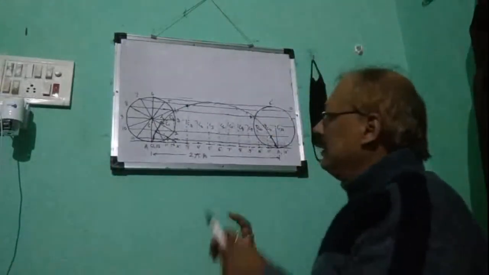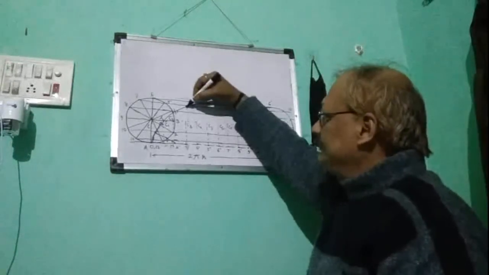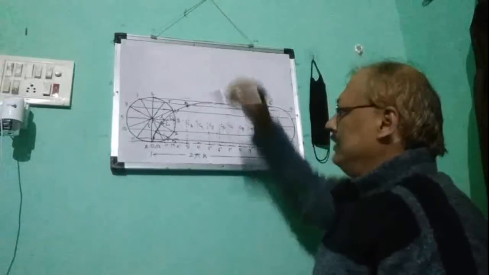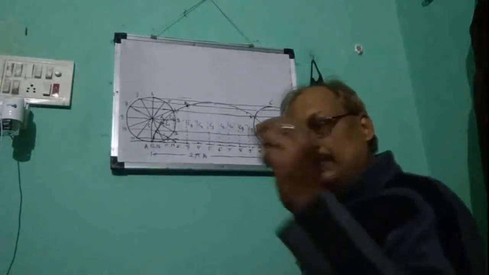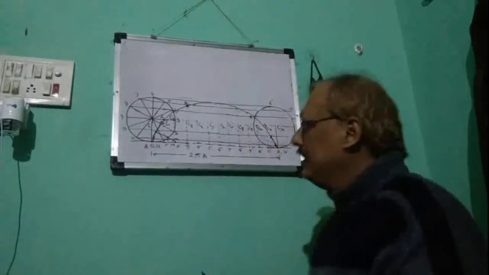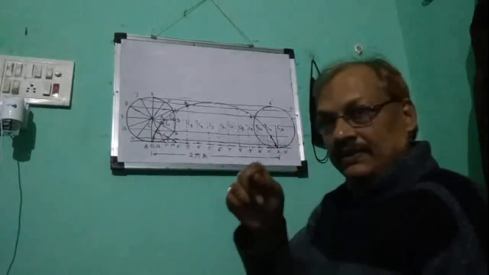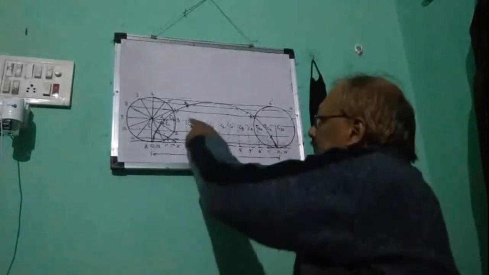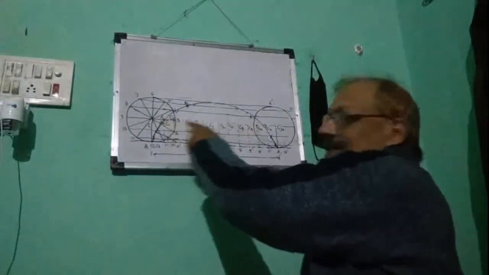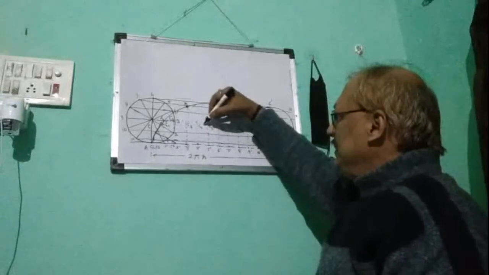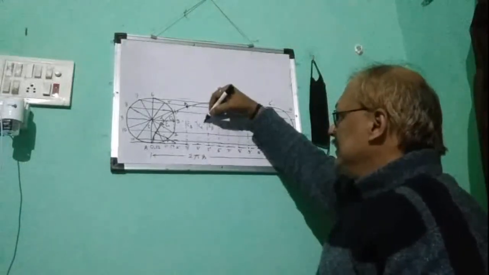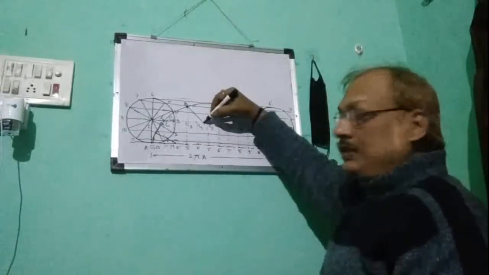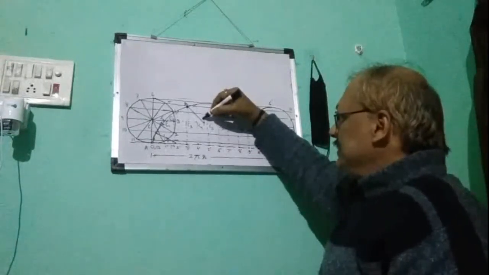But here we know A is here. A is here. And now making A as center, we will take radius R and cut at the center line. So suppose here it cuts. Sorry, this would be the new center. This is current C.